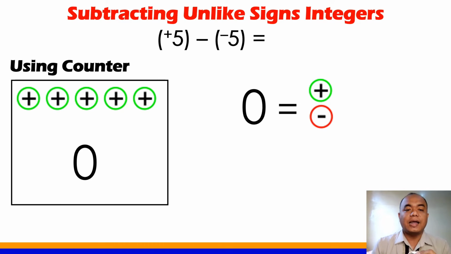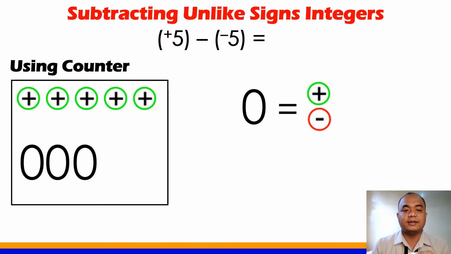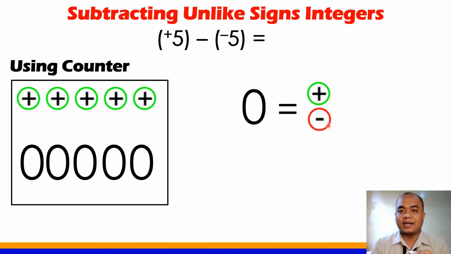Ibig sabihin, maglalagay tayo ng 5 0 inside our box here. Yan. So, 5 0. Nabago ba yung value ng 5 natin dito? Di ba hindi? Okay, ngayon, instead of writing 0 here, i-replace natin ito ng ganito. Yan. Isang pares ng positive at saka yung negative, papalitan natin yung bawat 0 dito.